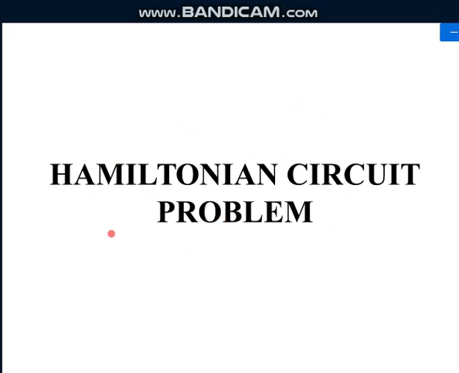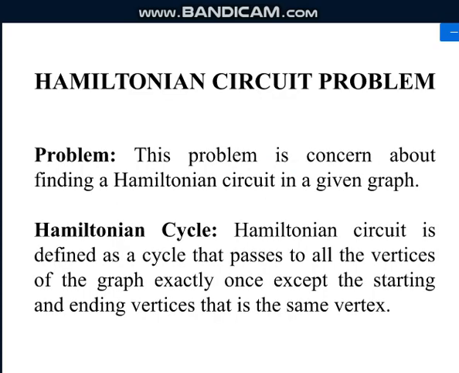So what is this Hamiltonian circuit problem? Why this is under backtracking, we will see. If you look at this, the Hamiltonian circuit problem is nothing but you are given a graph. You have to start from one particular node, traverse all the nodes and reach back to the same node, and it should form a cycle.